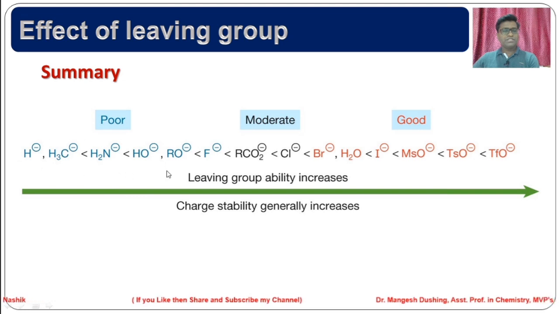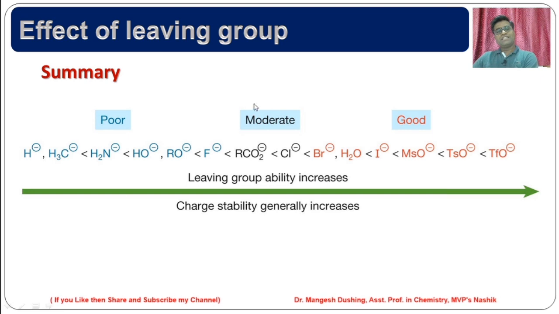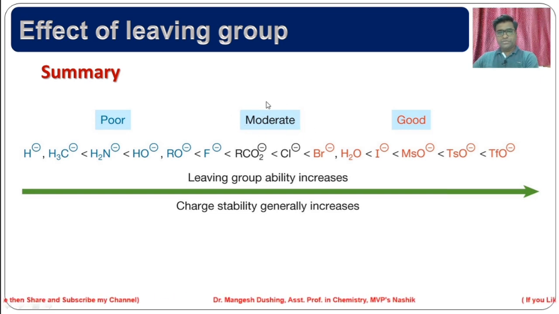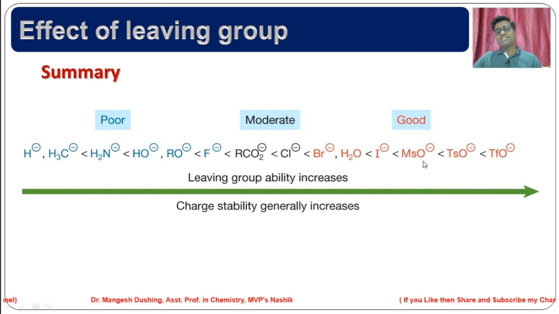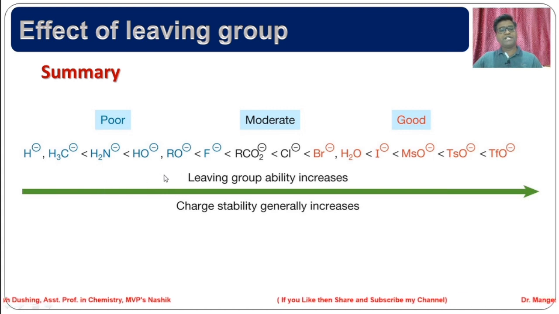Carboxylate ions and Cl minus are moderate leaving groups, while Br minus, H2O, I minus, mesylate, tosylate or triflate are very good leaving groups. From left to right, leaving group ability increases.